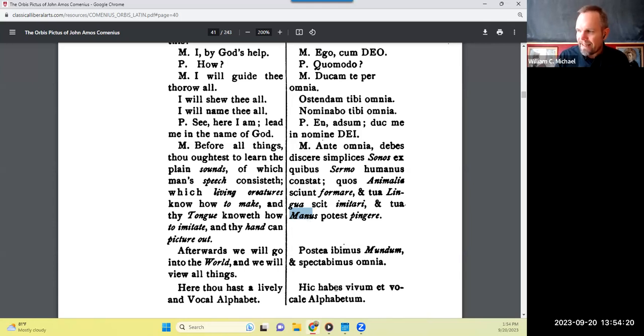Potest means is able. Okay, we see this stem pot, P-O-T, is able. It's translated can. Can means has the ability to. So pot, what pot refers to here in Latin is power, right? You are able, you have the ability to do something, you have the power to do it. Your hand has the power, pingere, to picture out or to draw or to write.